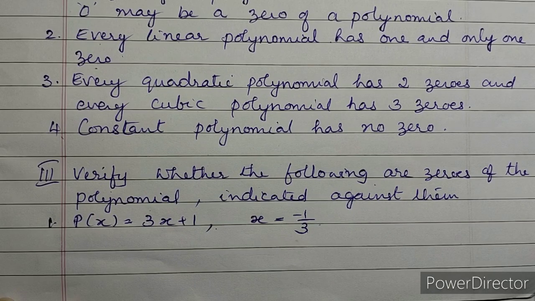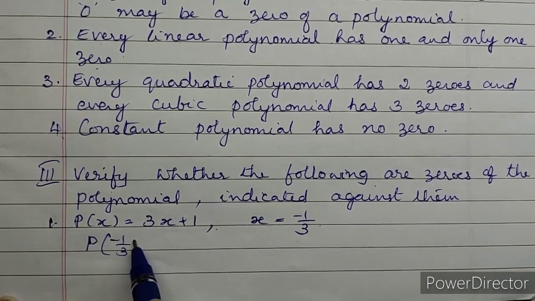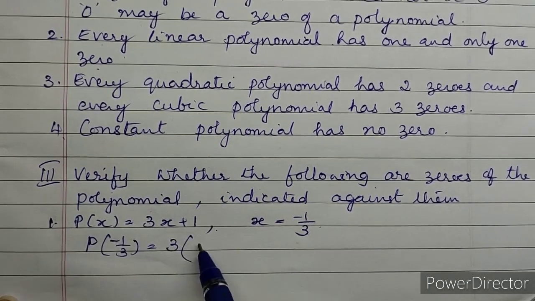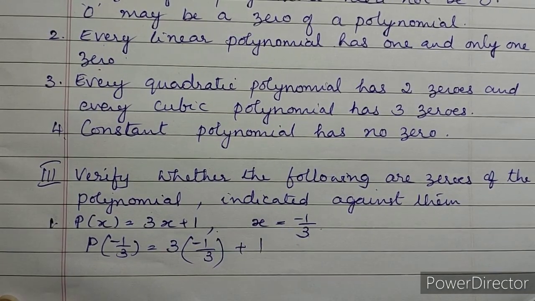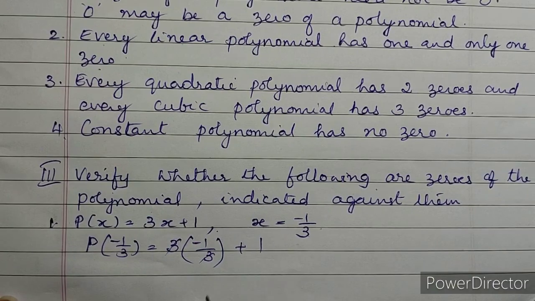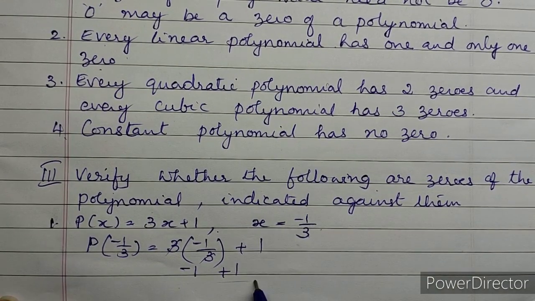What should you do? You have to substitute x equals minus 1 by 3. So p of minus 1 by 3 equals 3 into minus 1 by 3 plus 1. This 3 and 3 cancel. It is only minus 1 plus 1. What is minus 1 plus 1?